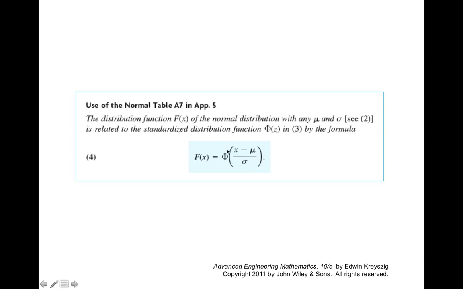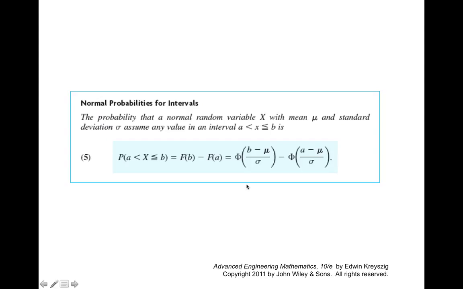So if you define z as x minus mu over sigma, then that enables you, for a normal distribution function, sorry, no pun intended, for a distribution function f of x, to use the tables in the textbook. You can find the probability that a normal variable with mean mu and standard deviation sigma will occur within an interval a to b by taking the difference in the standardized functions.